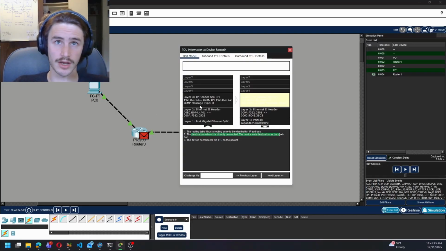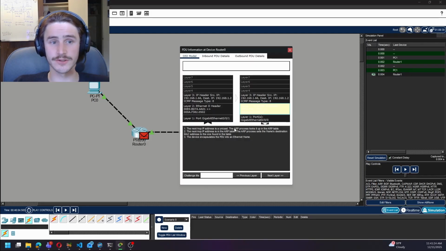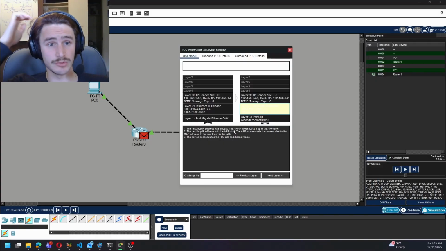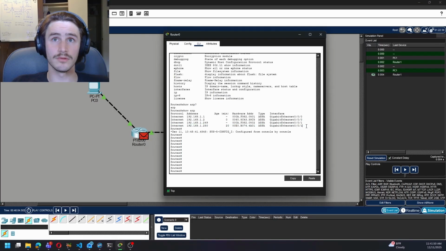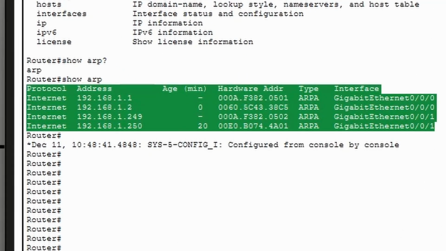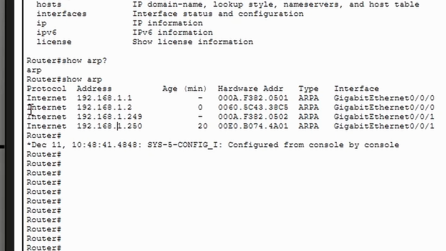No more intermediary hops. As we know, it needs to know the MAC address of the device that it's going to send to. So it's going to see if it knows that MAC address. Where does it go to find the MAC address? Well, it's going to look in its ARP table to see if it already knows the MAC address of 192.168.1.2. Here's the ARP table of router 0. And it sees, do I have 192.168.1.2 in my ARP table? Yep, it does.